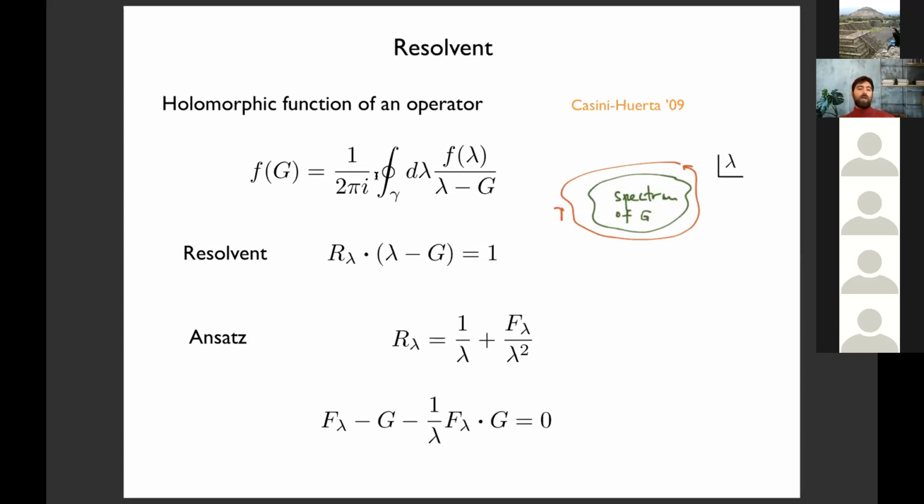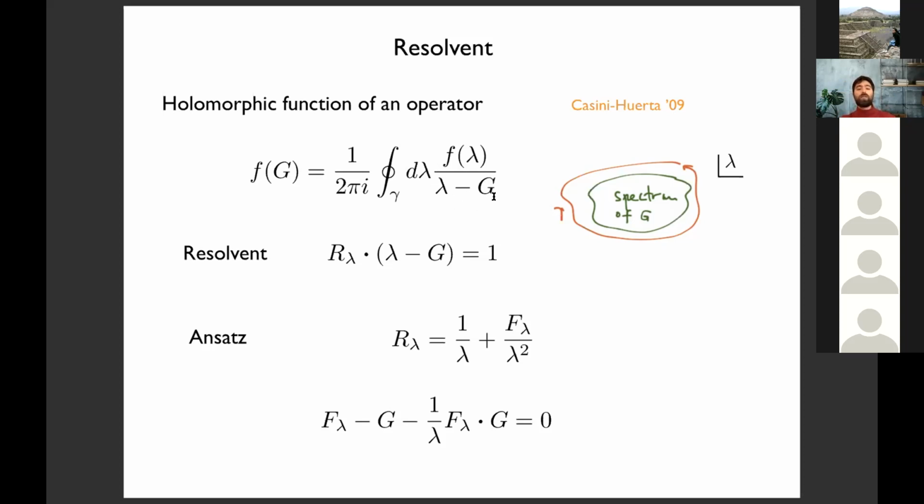If you have that, and you have some holomorphic function f, then you can define the function of an operator simply by using Cauchy's integral formula, which is true because it is true for every eigenvalue. So given this function f, you simply have to do a contour integral over some contour gamma that wraps around the entire spectrum. And here you have to put this pole, lambda minus g.